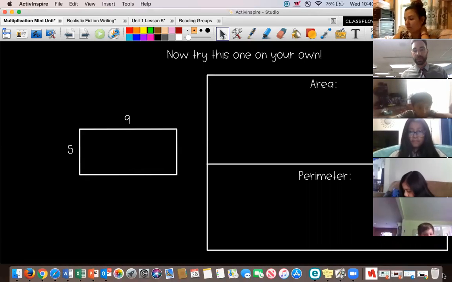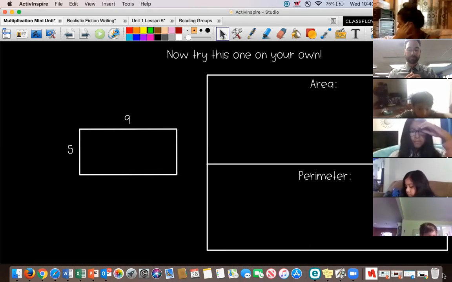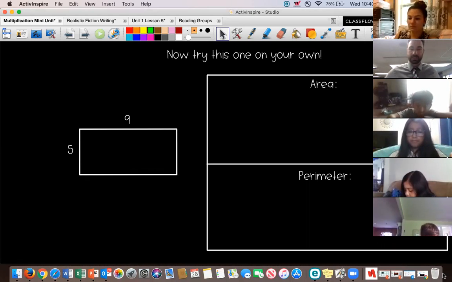Tell us how you found the area and how you found the perimeter. See, most people are working on writing on their whiteboards, so thank you for taking time to do it that way. We have 30 seconds, and we're going to come back together and discuss it.